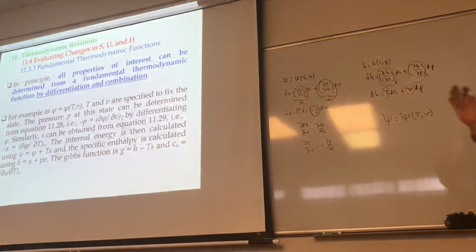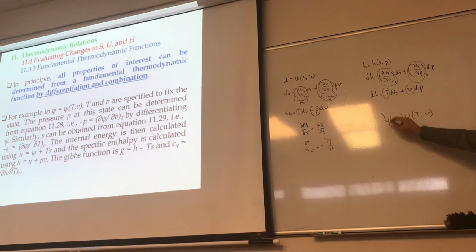Let's say we know this, because as we vary the temperature and the specific volume, we get a functional form. And we call this the Helmholtz equation. Now, if I know this function, that means at a particular state I already know the temperature and the specific volume. How do I determine pressure?